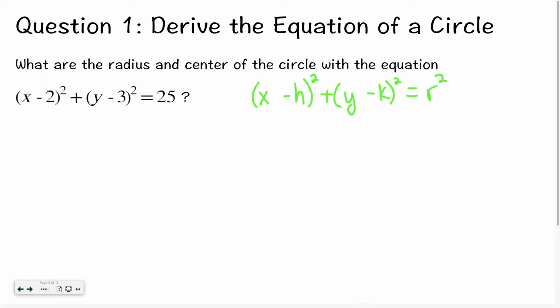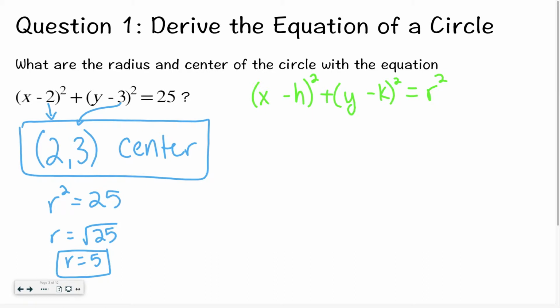That's just a habit from writing the distance formula. So I have x minus h squared plus y minus k squared equals r squared. So what are the radius and center of the circle with this equation? I want you to see if you can figure that out. If you need to go back to the last slide, do so. And then I will walk you through it. Good luck.